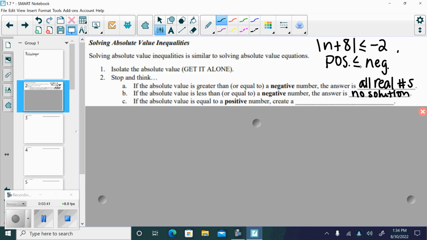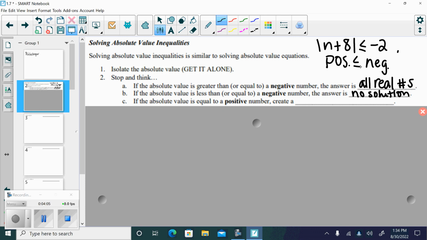Is that true? No. So that's false. So your answer is no solution. Your answer is not always no solution when you end up with an absolute value and a negative. It's either all real numbers or no solution. You have to make that call.